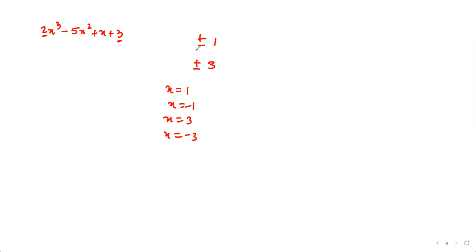So what we do is that if x plus or minus 1 could be a factor, x plus or minus 3, there can be other possible factors with the coefficient of x also, the coefficient of the leading term. So other possible factors can be 2x plus or minus 1 and 2x plus or minus 3.